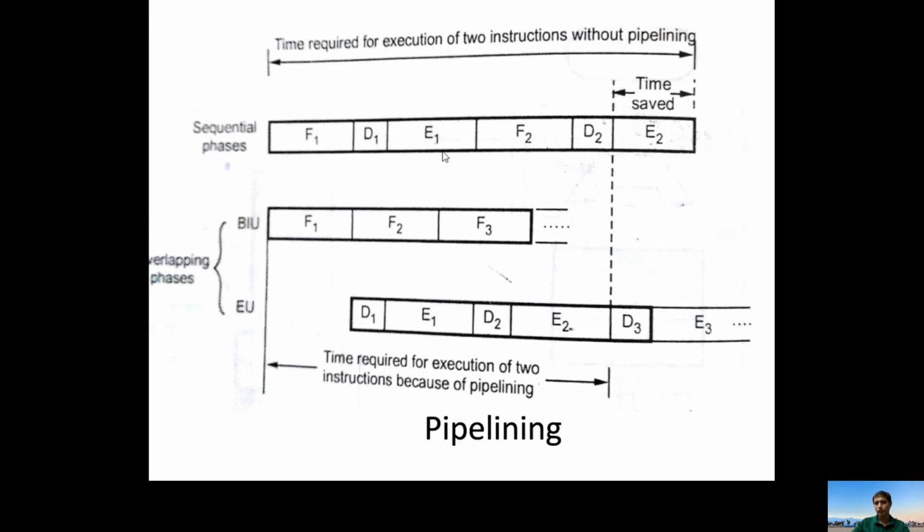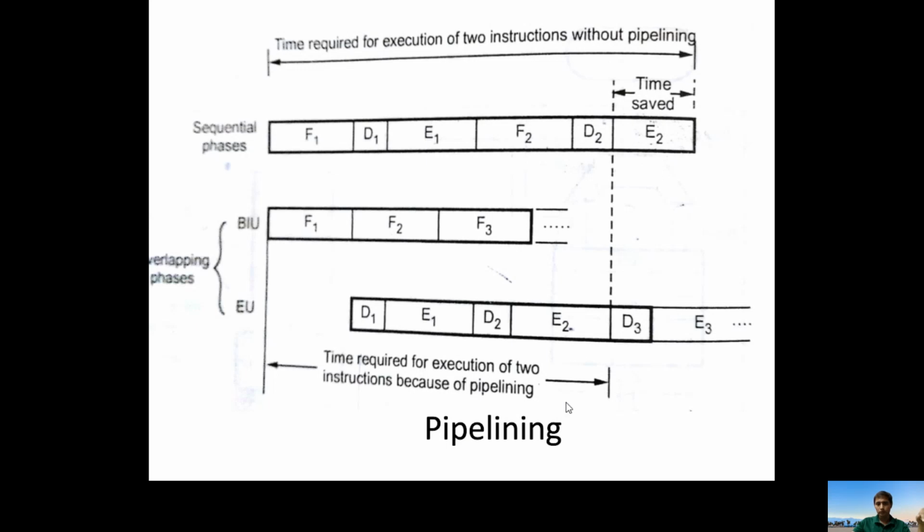So during this decoding and execution in the execution unit, there is no work in the BIU in 8085. Similarly, after executing the first instruction, only then does the 8085 processor fetch the second one. After fetching, only then decoding, only then execution. During this time, the BIU won't fetch the third instruction. So if you see this diagram, this is the total time taken for executing 2 instructions in 8085, that is, in methods without pipelining.